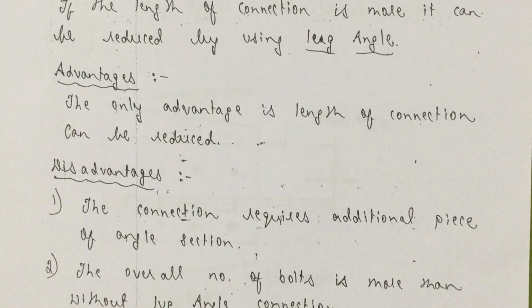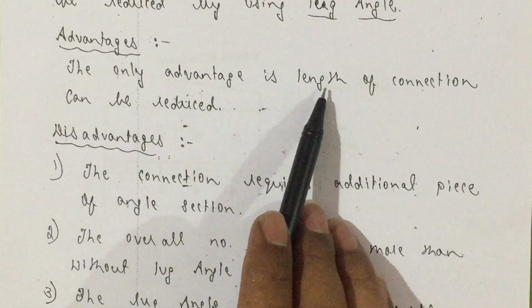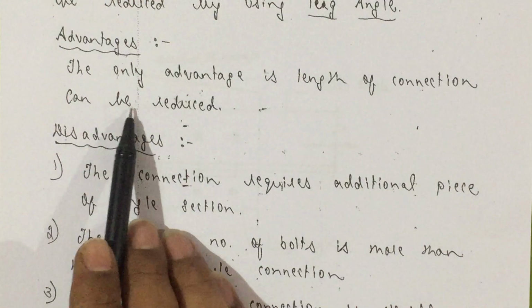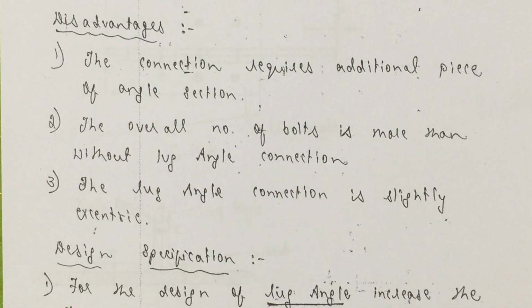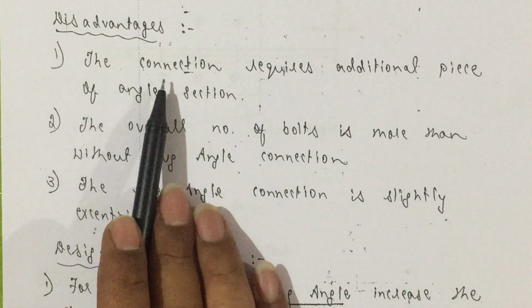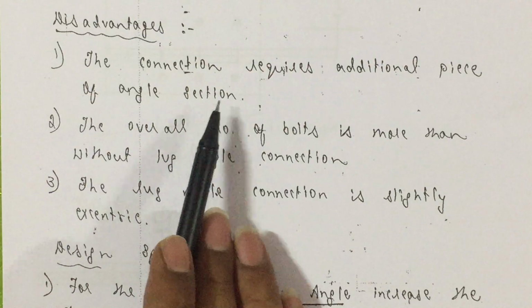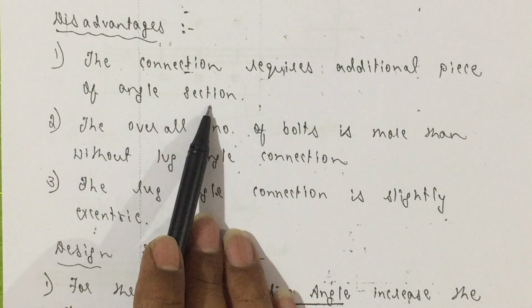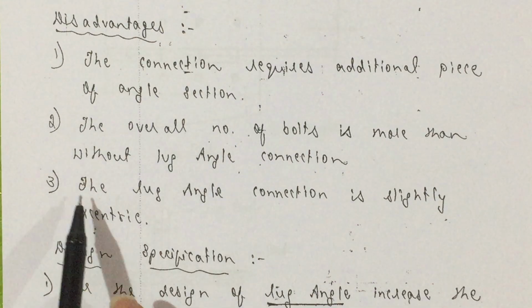So, what are the advantages of using lug angle? The only advantage is the length of the connection can be reduced. What are the disadvantages then? The connection requires an additional piece of angle section. Along with the regular angle section, we need to make use of an additional piece of angle section.